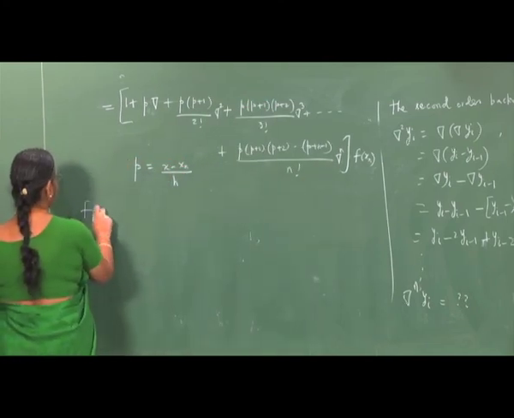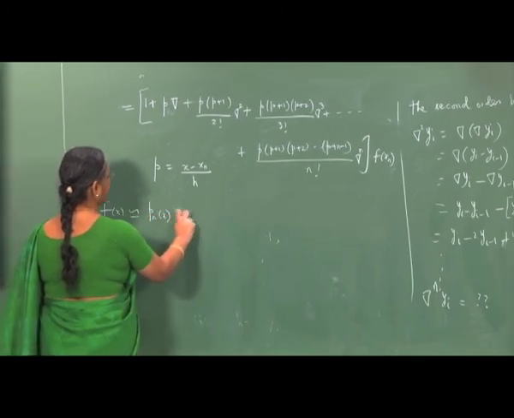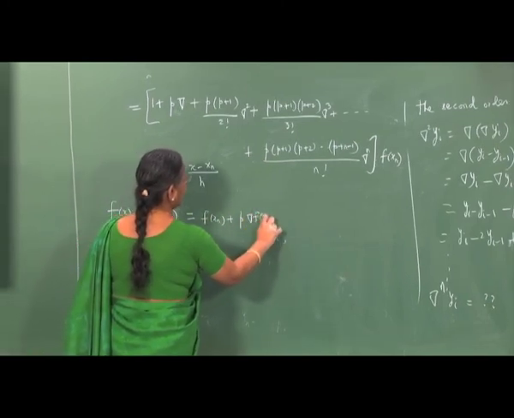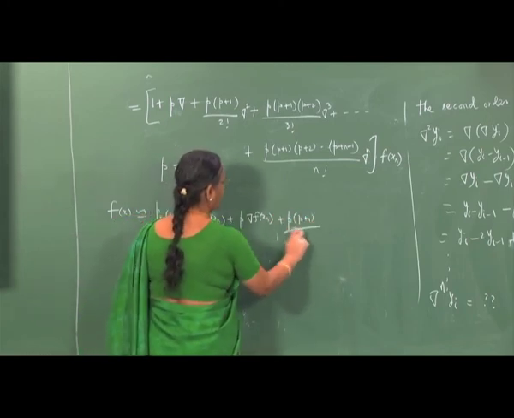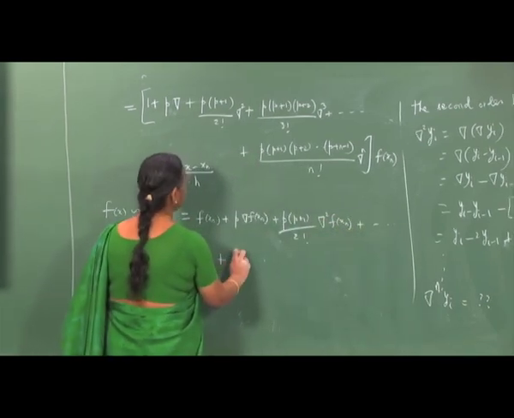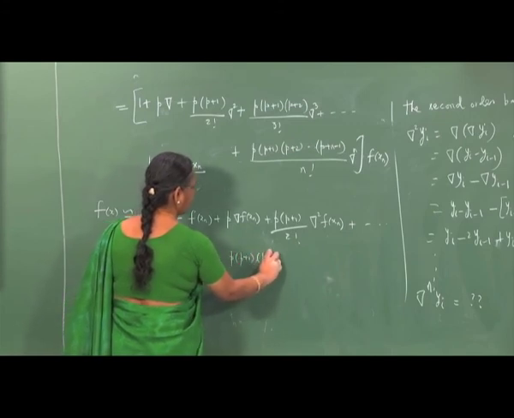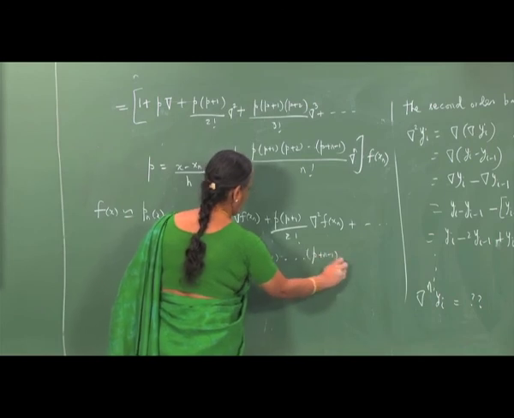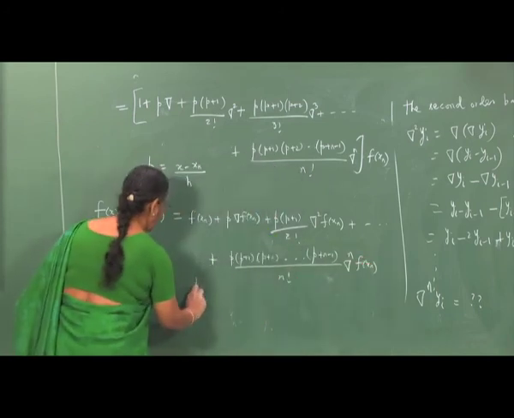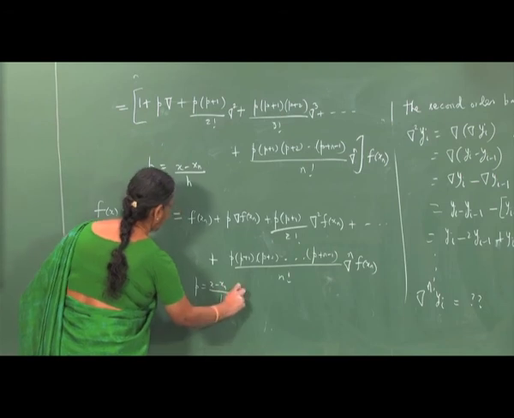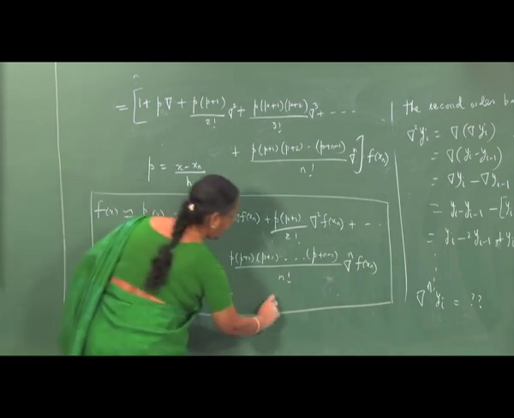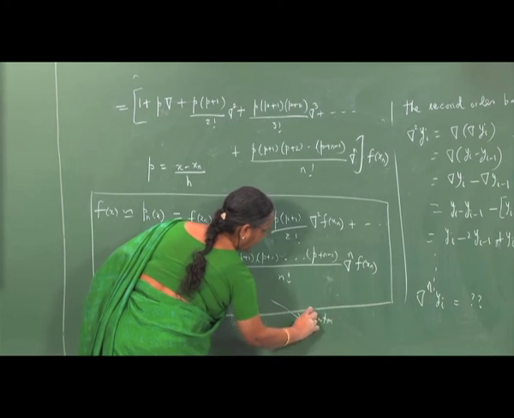So, f of x is approximated by Pn of x, and that is f of xn plus p delta f of xn plus p into p plus 1 by factorial 2 into del square f of xn plus etc., plus p into p plus 1, p plus 2 etc. p plus n minus 1 by factorial n into del to the n of f of xn, where p is x minus xn divided by h, and this is called the Newton-Gregory backward interpolation polynomial.